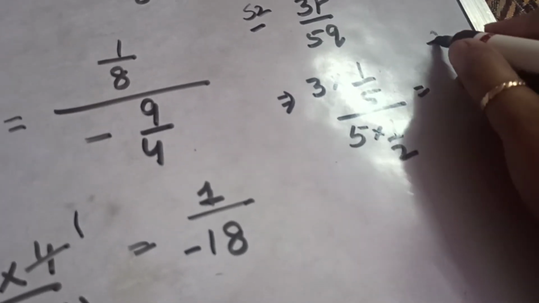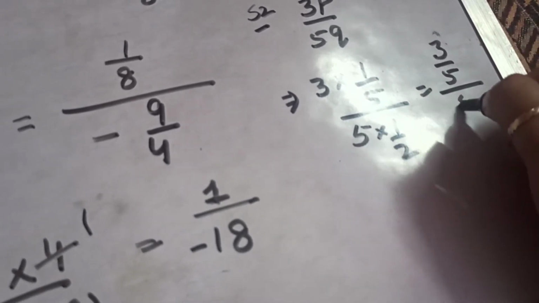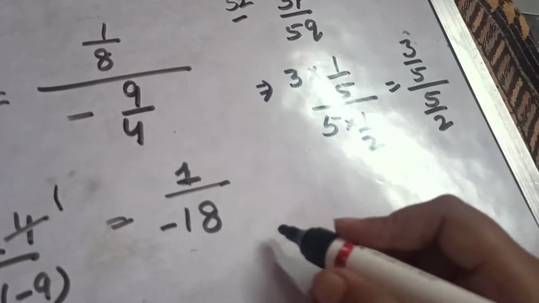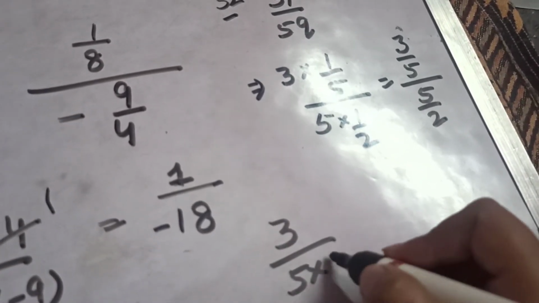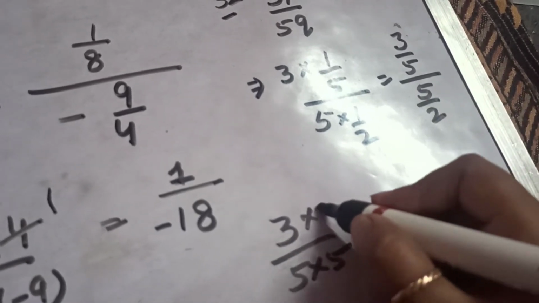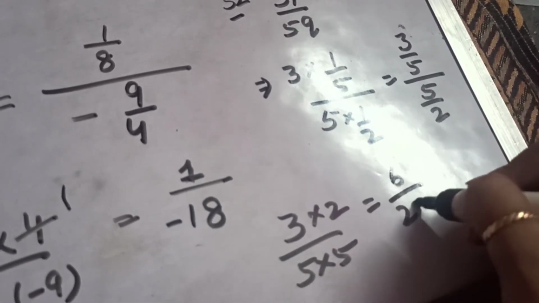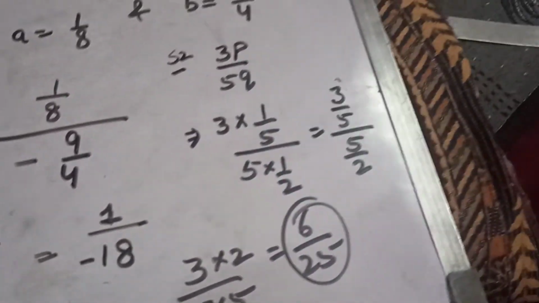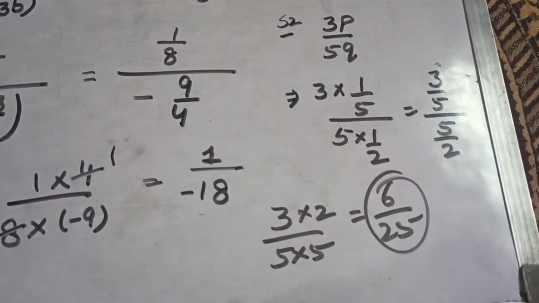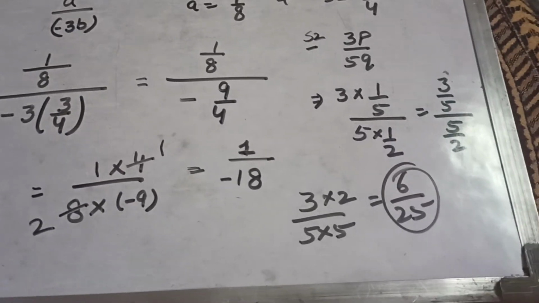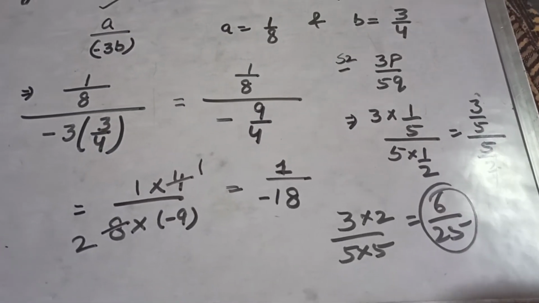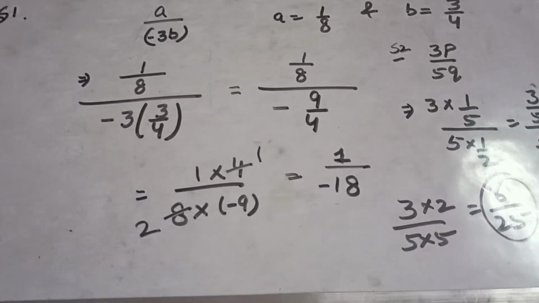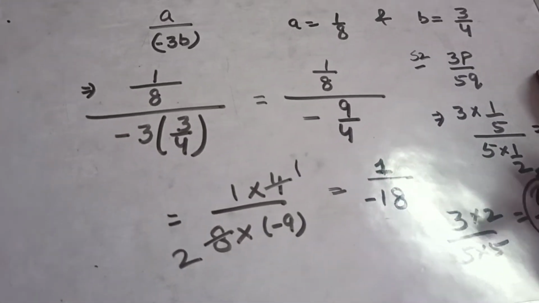So this becomes 3 by 5 and this becomes 5 by 2. So this 5 comes down and this 2 will go up. So it is 6 by 5 5s are 25. The value of this expression is 6 divided by 25. Clear? S3, in S3. Now look at the S3 part. The expression is like this.